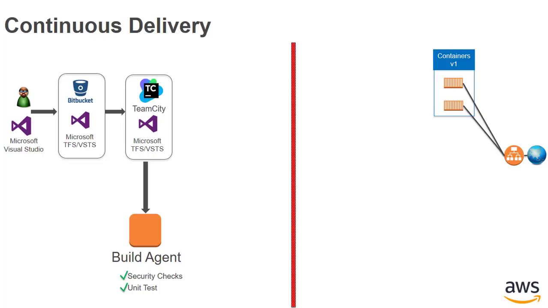This build agent can be an EC2 instance. So if you are using TeamCity, you can add an EC2 instance with the proper tools installed as a build agent. If you are using Microsoft Team Foundation Server or VSTS, it comes with a build agent that you need to install in an EC2 instance.